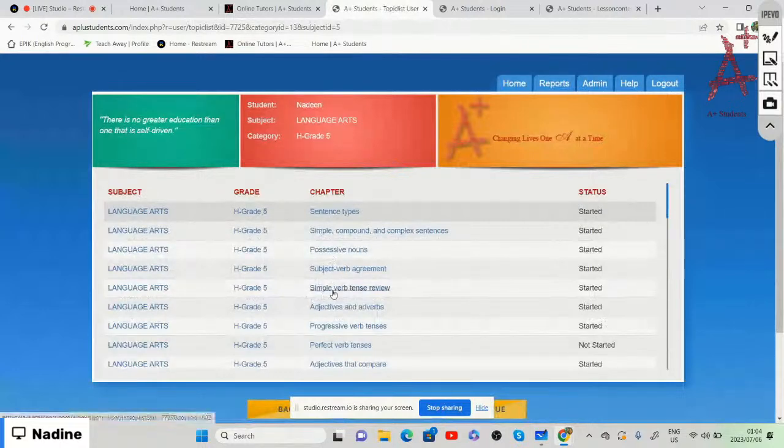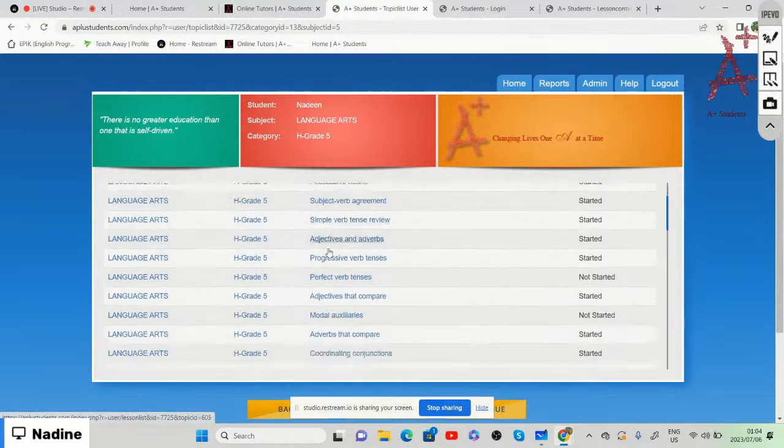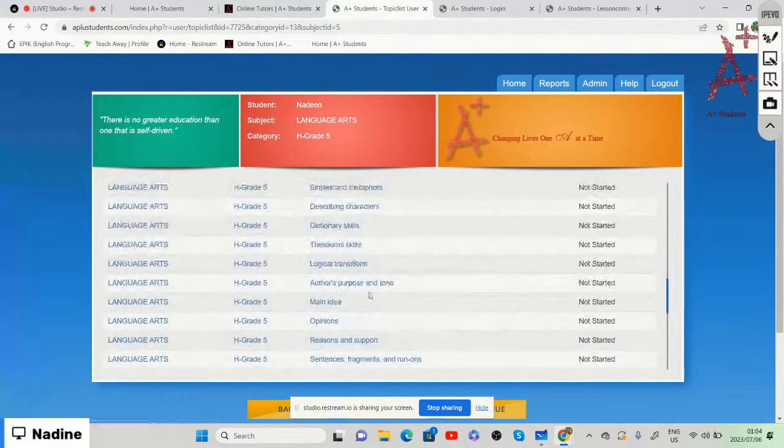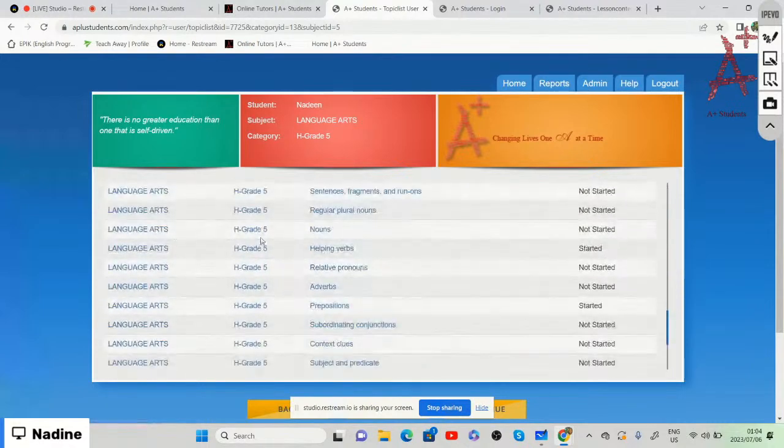Once we have chosen the subject of language arts, we're going to scroll down to the chapter of helping verbs, right?